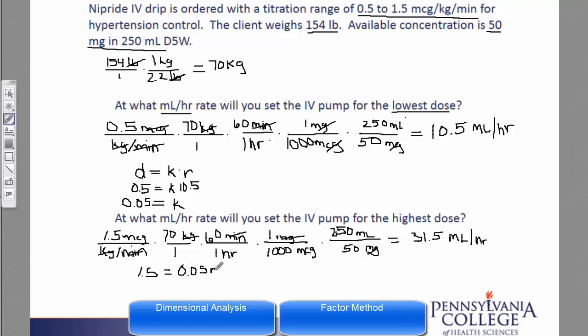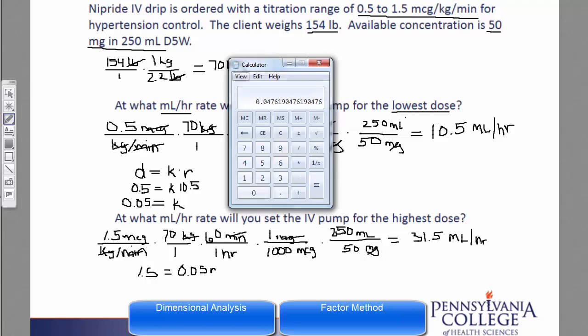And the rate is unknown to me. In order to find the rate, I'll need to divide both sides of my equation by 0.05. So 1.5 divided by 0.05. This gives me an answer for rate of 30.